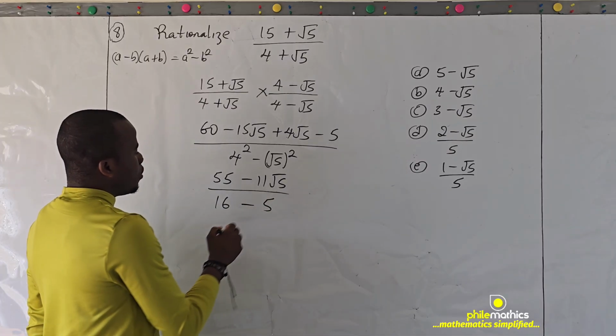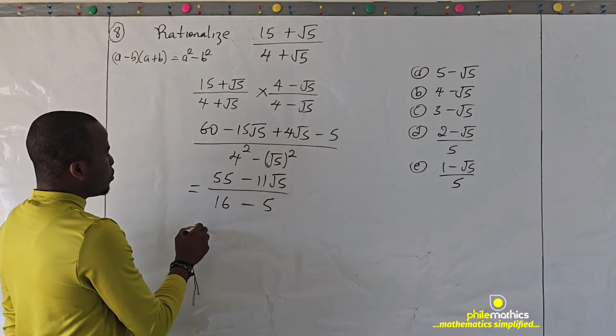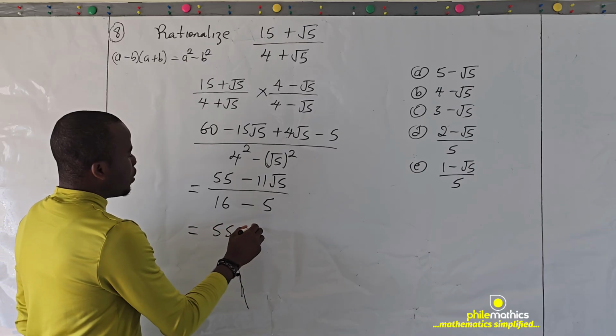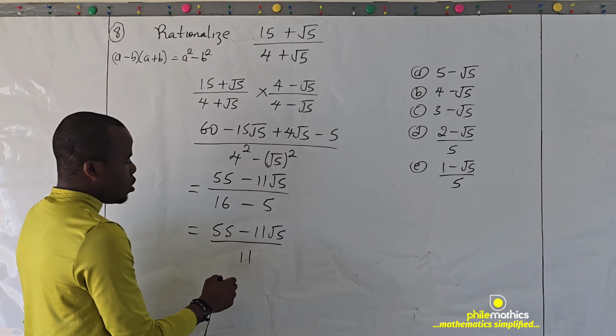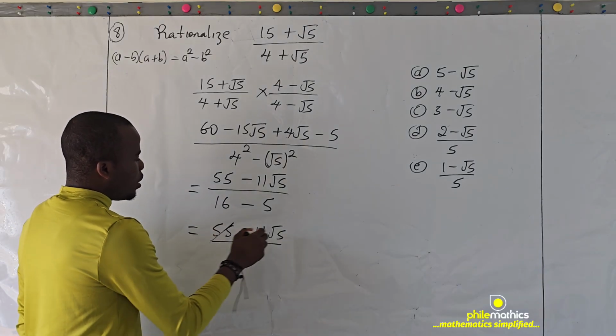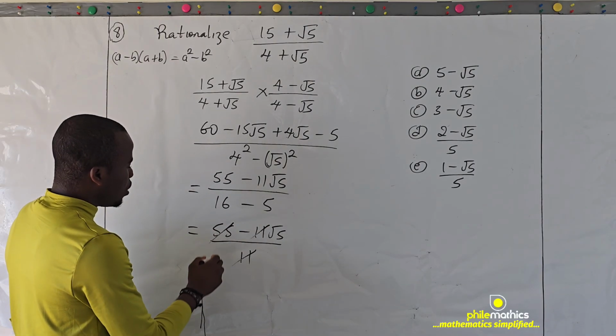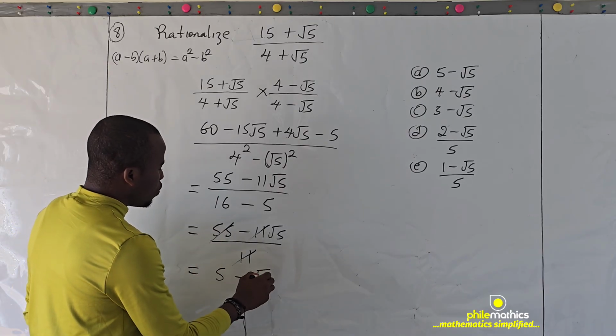This is 5. And 16 minus 5 is 11. So we have 55 minus 11 root 5 over 11. We can divide through by 11. 11 here, 11 here, 11 here, and we are left with 5 minus root 5.